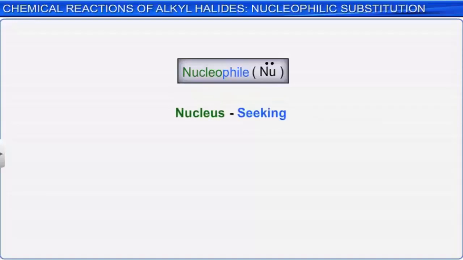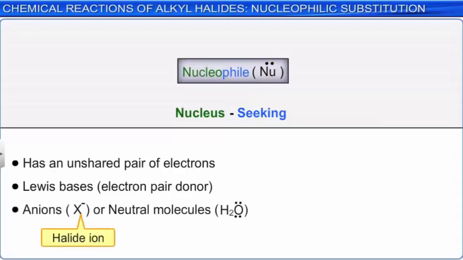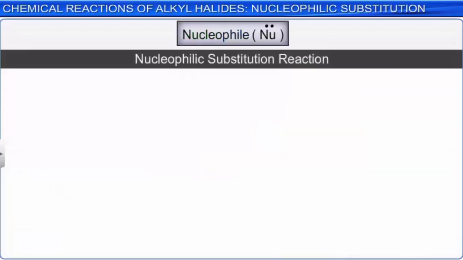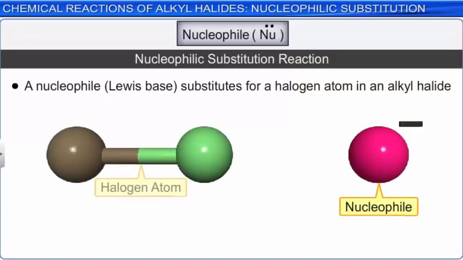Essentially, a nucleophile has an unshared pair of electrons, and it can use these electrons to make a covalent bond. Nucleophiles can be thought of as Lewis bases or electron pair donors. Nucleophiles may be anions or neutral molecules. In nucleophilic substitution reactions, a nucleophile or a Lewis base substitutes for a halogen atom in an alkyl halide.